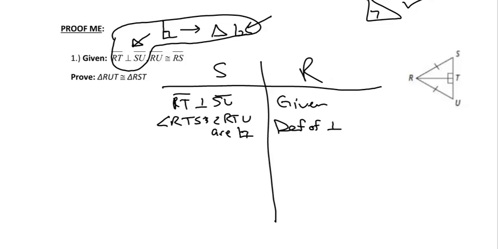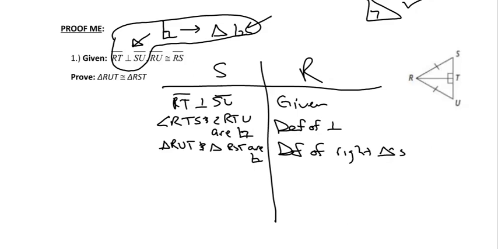Now, if they're right, what we have to do is state that the triangles are right. I know that this is a little bit irritating that you have to do this each time, but you do. Triangle RUT and triangle RST are right, and that would be definition of right triangles. Okay, next.